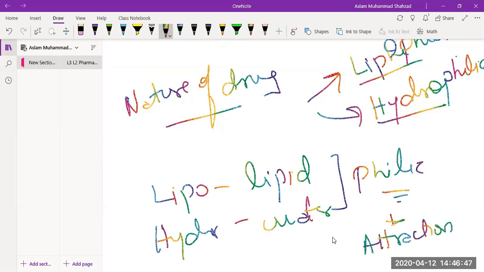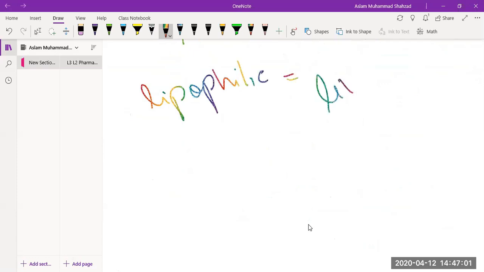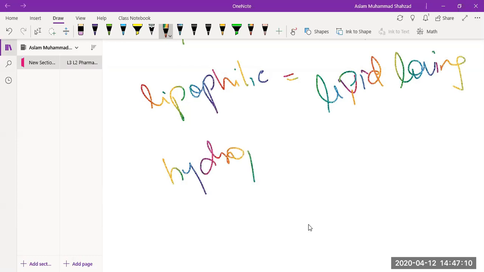So lipophilic drugs are lipid loving, whereas hydrophilic drugs are water loving drugs.